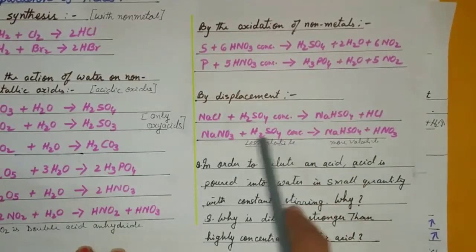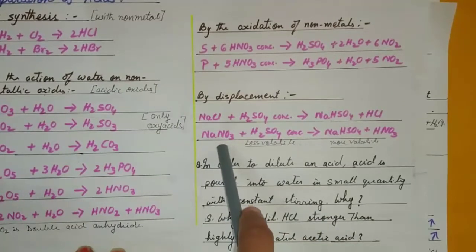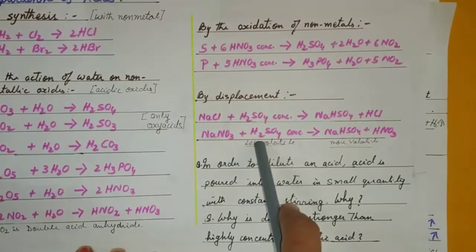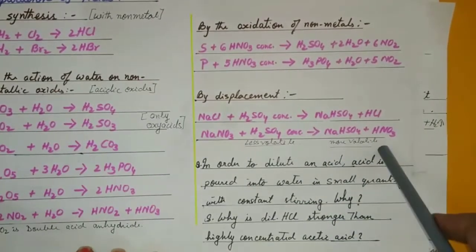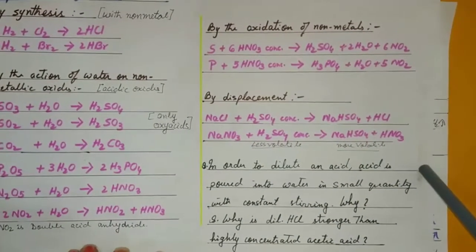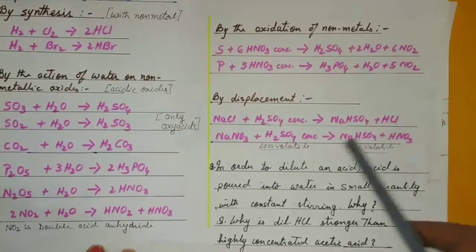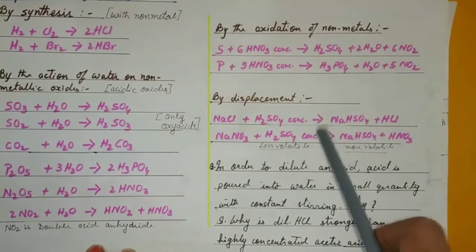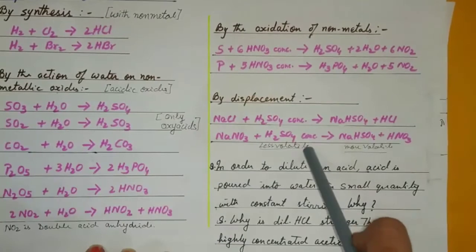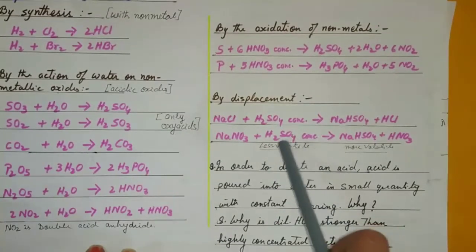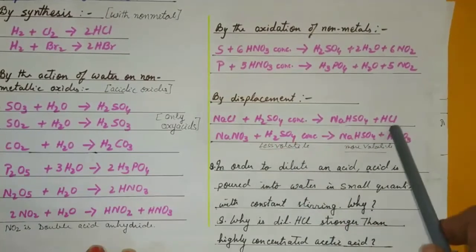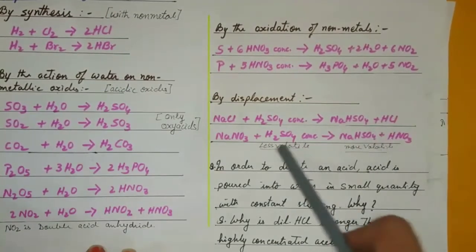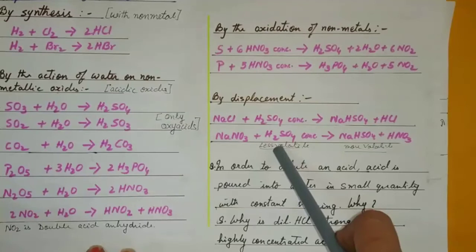The same rule goes for sodium nitrate and conc sulfuric acid: at a temperature less than 200 it will give you sodium bisulfate and nitric acid. More than 200, the reaction becomes different. And this is also one example to give you a more volatile acid from a less volatile acid. HCl and nitric acid are volatile acids. Sulfuric acid is a non-volatile acid.